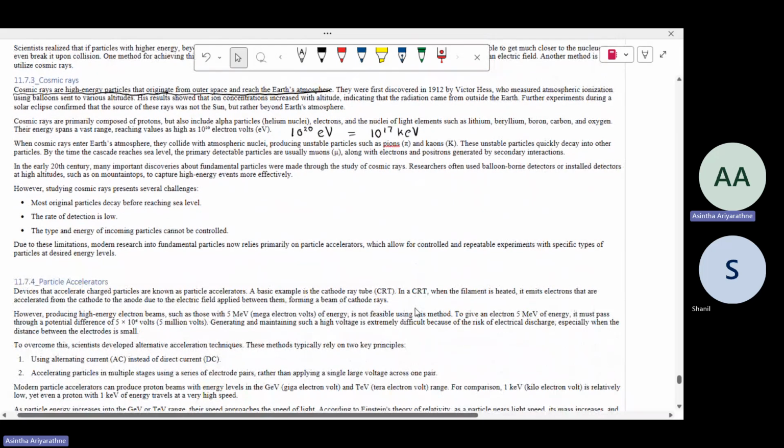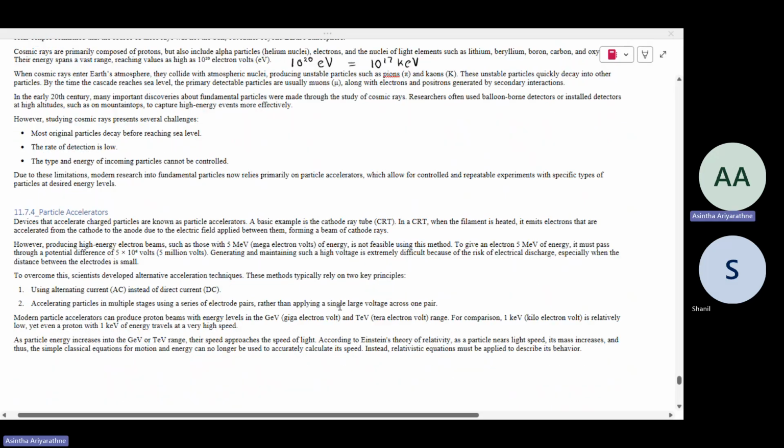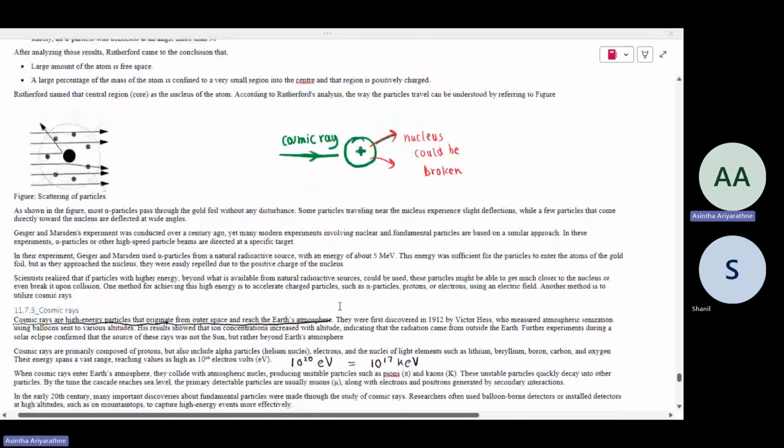For that, we have particle accelerators. A particle should be accelerated to very high velocity to be a cosmic ray.